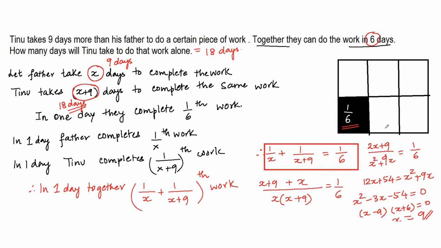And in the tap problem, the work was to fill the whole tank. So the concept used in the time and work problem is very similar to the concept used in the tap and tank problem that we solved previously. So try to compare the earlier strategy with this strategy and you will realize the similarities. So again, pausing for a minute.